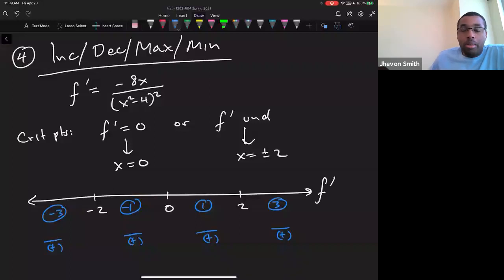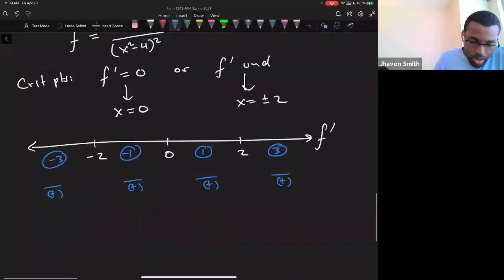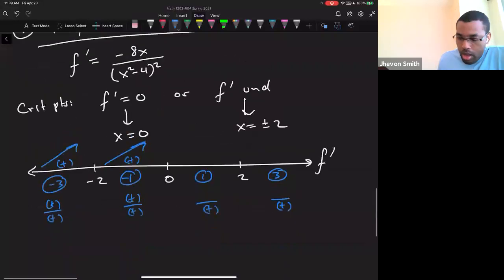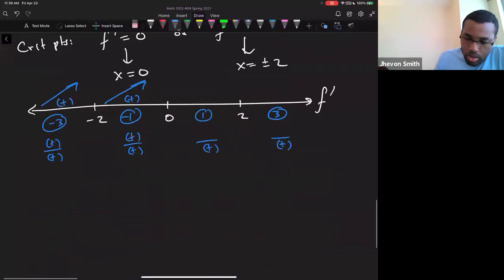If I plug in a positive number into minus 8x, I will get a negative number. So these will give me positives, which means I'm increasing. And these will give me negatives, which means I'm decreasing.